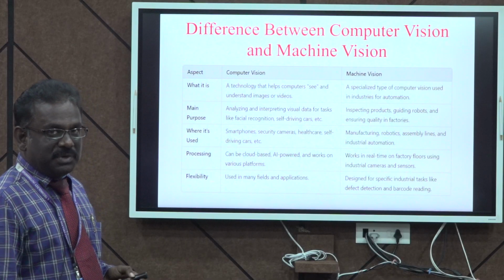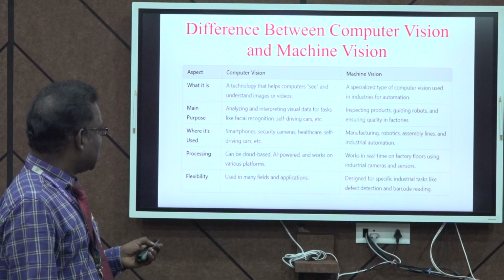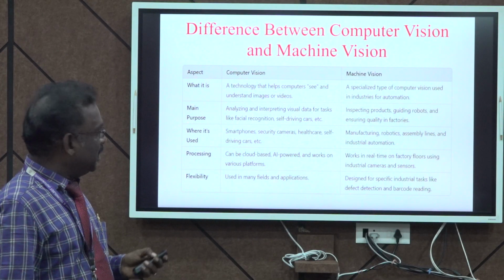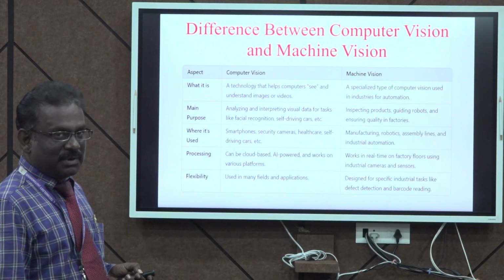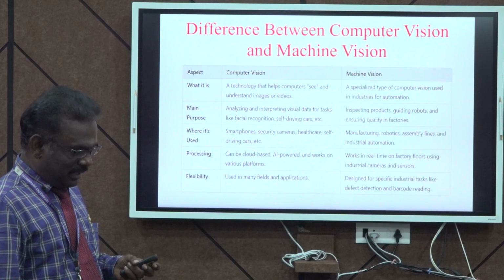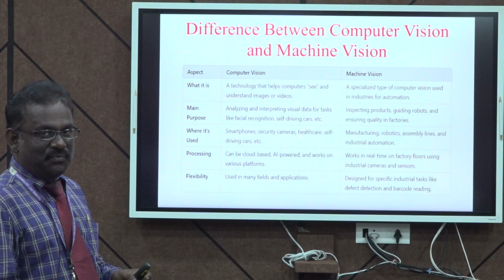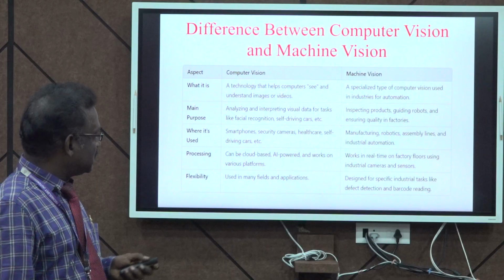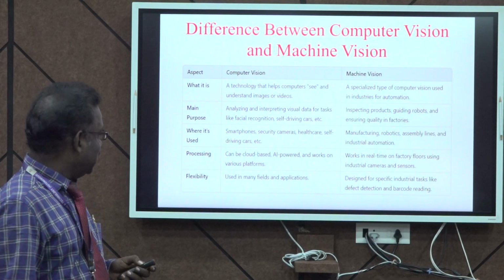The process of computer vision is mainly based on the cloud. It is AI powered and works on various platforms, whereas machine vision works in real time on factory floors using industrial cameras as well as sensors. To acquire the image of the object of interest, machine vision uses a well defined camera as well as imaging sensors which satisfy the industrial standards.